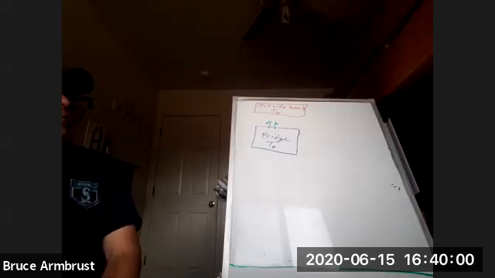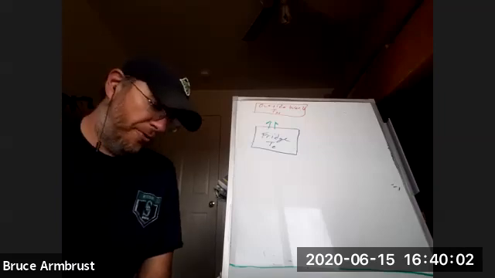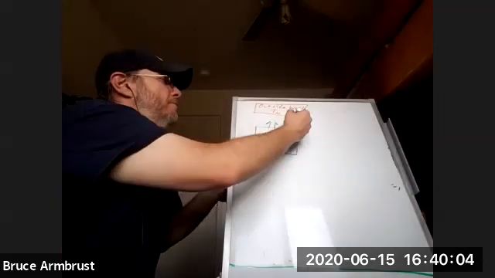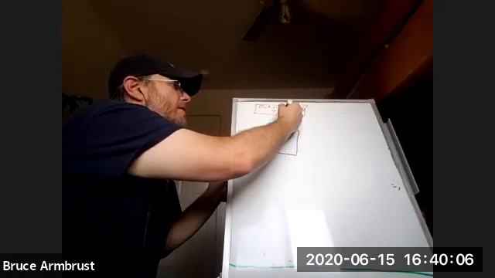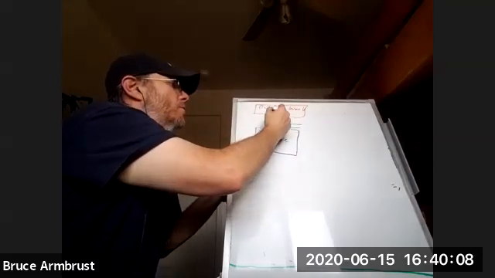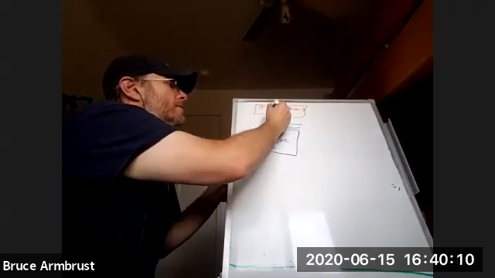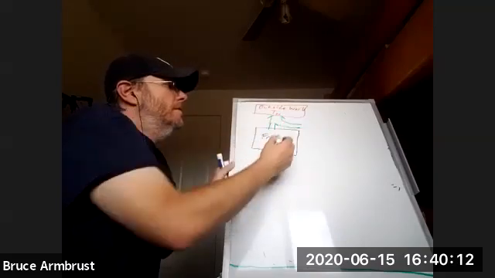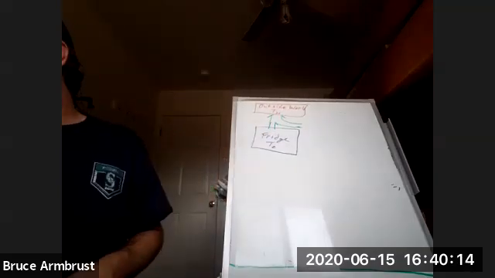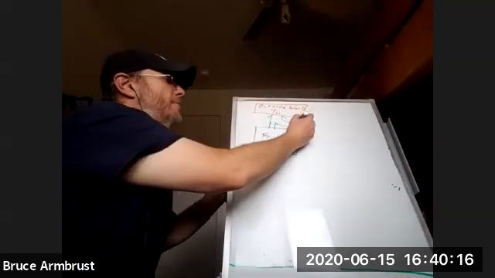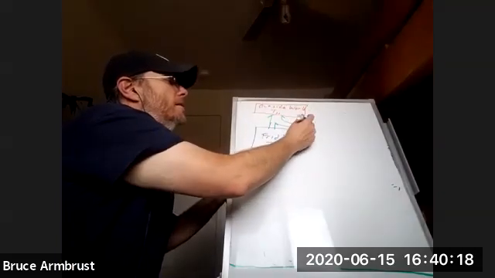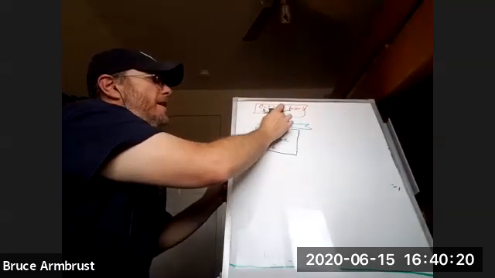So it's trying to warm up. So we need to remove heat. Now, to remove the heat, we are going to do work. If you look at this picture, it's kind of similar to what we had before, except the arrows are pointing in the opposite direction.